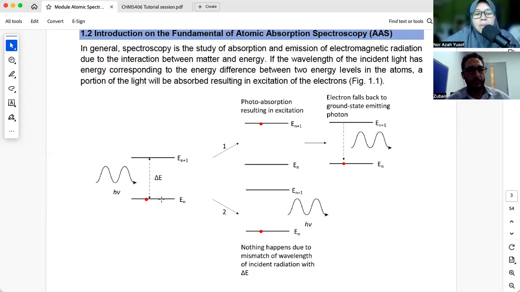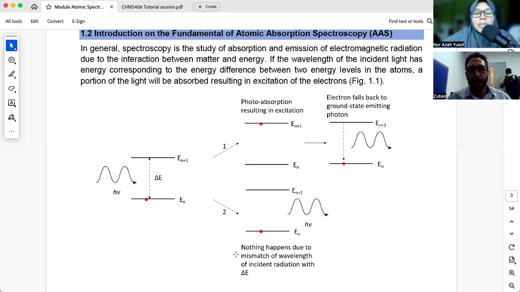So, for example, if the electron requires, let's say, 30 kilojoules to jump to the higher level, like these red dots, if you provide 25 kilojoules, nothing will happen. It will not jump halfway or a quarter. No. The electron in the metal will stay at the ground level.